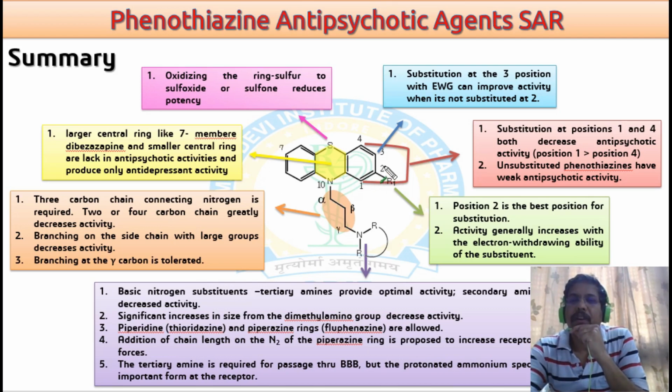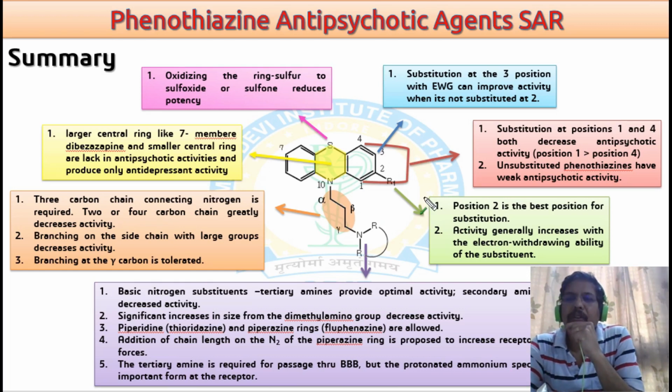If you look at 1 or 4 substitutions, then definitely the antipsychotic activity decreases on position 1. It changes dramatically as compared to position 4, and definitely unsubstituted phenothiazines have big antipsychotic activity if no substitution is present on this position.